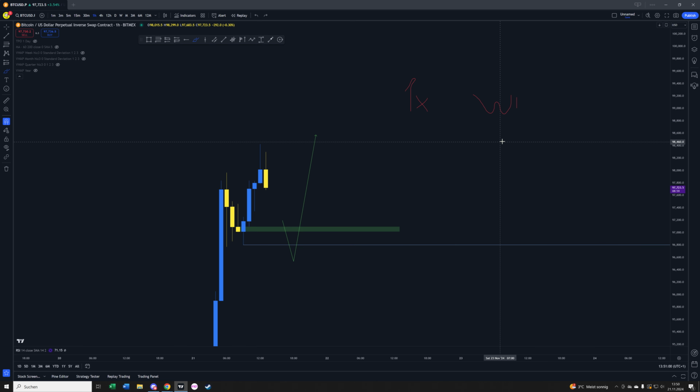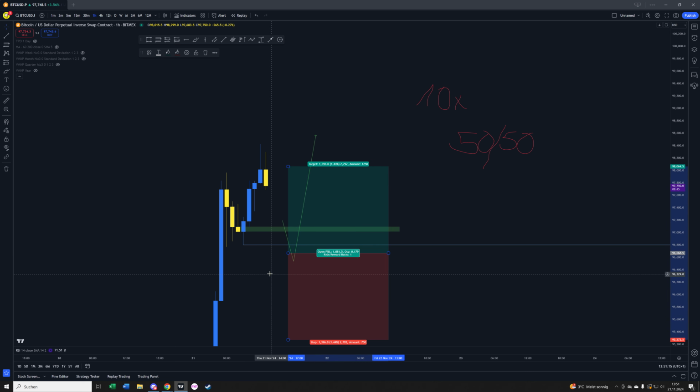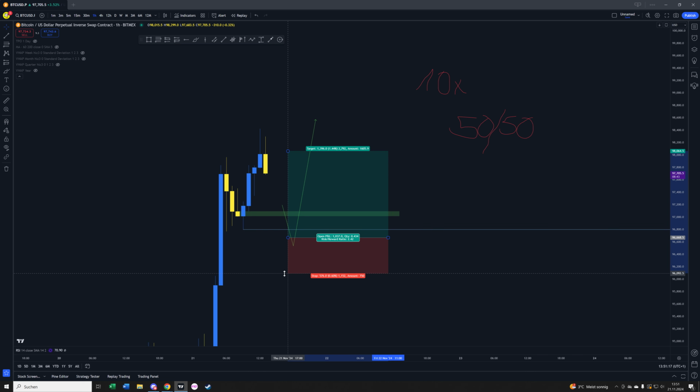And you just do that, and you do that, and you do that, and then you have 10 trades, okay? And you have a statistic of, let's say, 50-50, okay? 50% win rate, 50% lose rate. So now you have your stop management in a place so that you only lose 1% of your account, never more, okay?